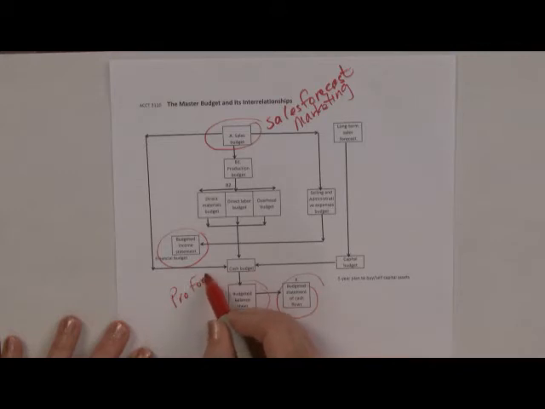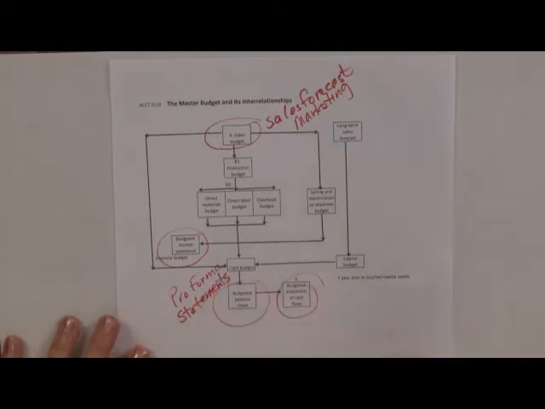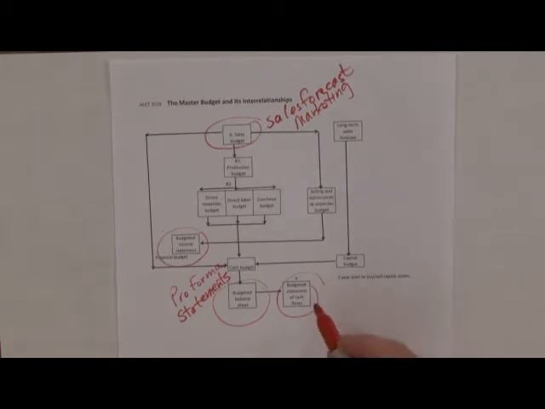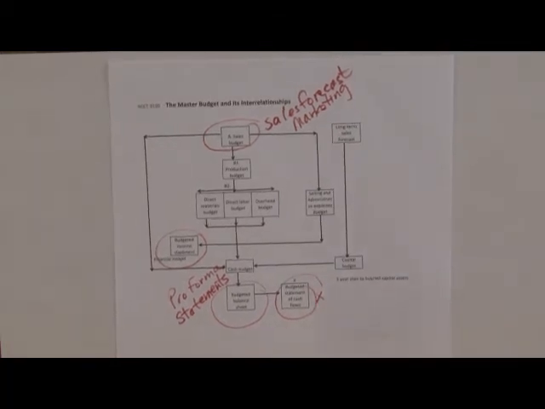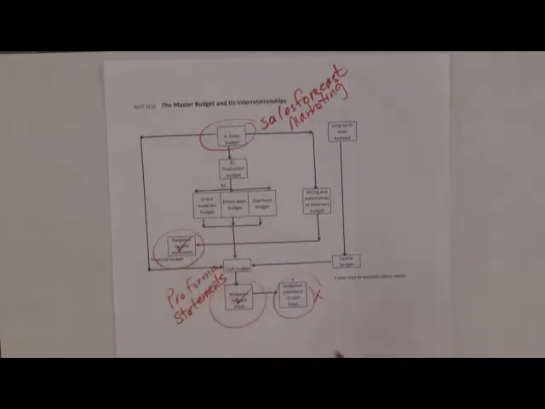Pro forma simply means anticipated or budgeted. So let me explain. At the end of the budget year, what we'll be able to do is to actually prepare a budgeted income statement, balance sheet, and even a statement of cash flows, although we really don't pursue that in this particular course, but we will do the other two.